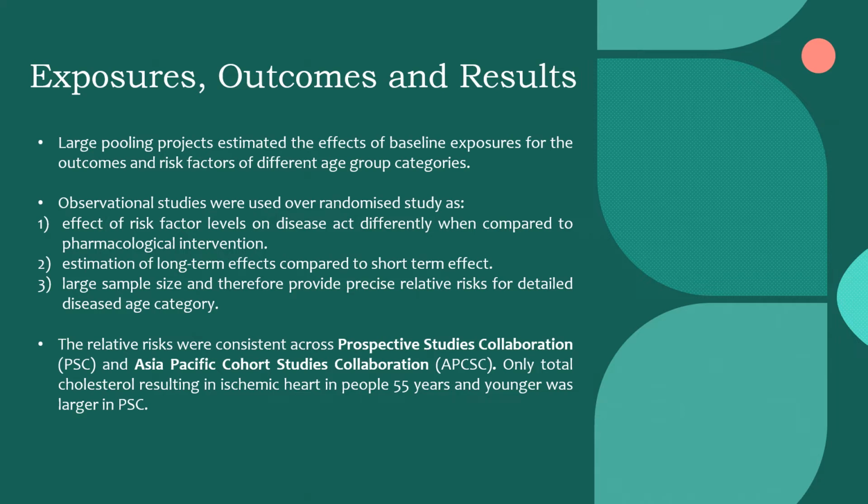There was no association between BMI and hemorrhagic stroke for BMIs up to 25 kg per meter squared in the Asia Pacific Cohort Studies Collaboration, the Emerging Risk Factor Collaboration, as well as the Prospective Studies Collaboration. We report the relative risk per unit of BMI above 25 kilograms per meter squared pooled from these two meta-analyses.